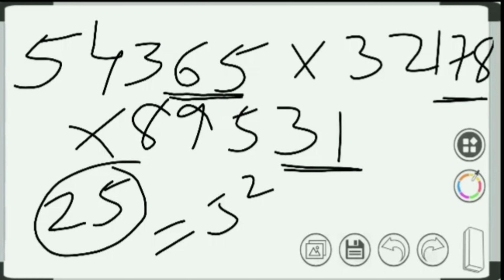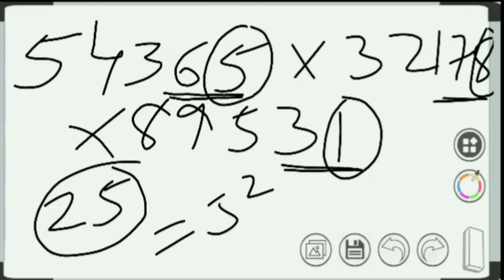But here we do not go in this way. We just take the last digit of every number. Just check for 5, because 25 is 5 square. So when 5 is divided by 5, then the remainder will be 0.